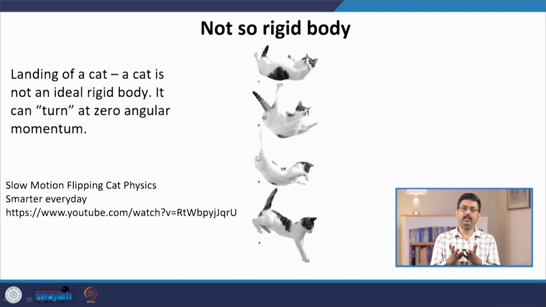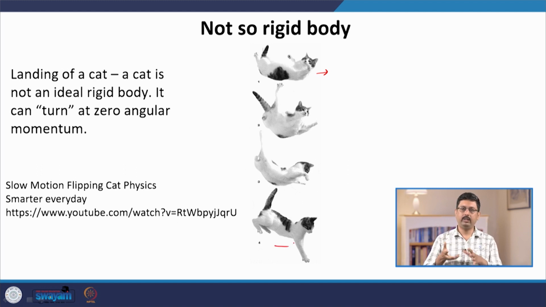You can go to YouTube and find several videos where they show an experiment in which you take a cat and hold it upside down in this particular position and then release it from some height. It most of the time or almost always lands on its feet.